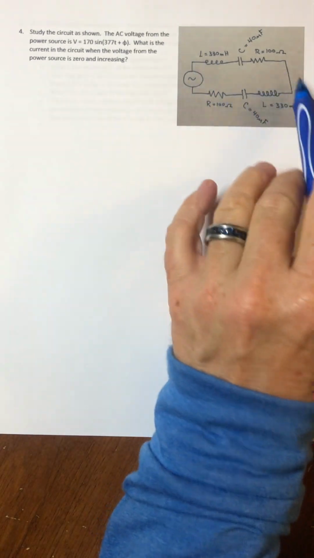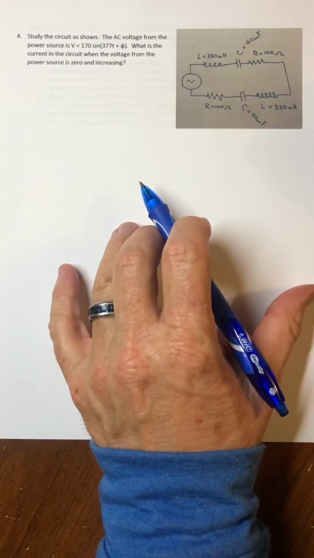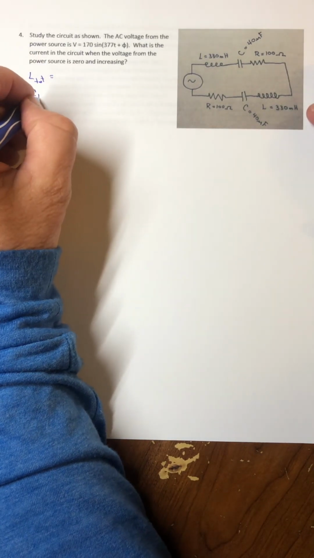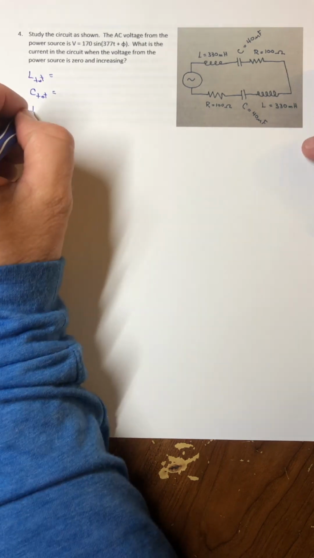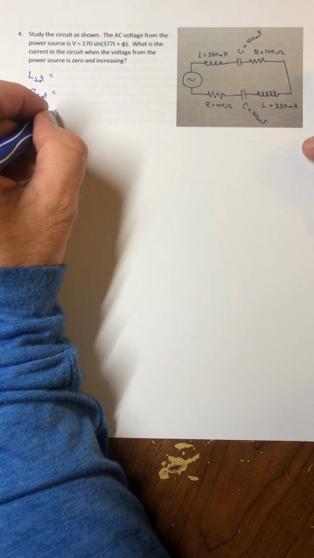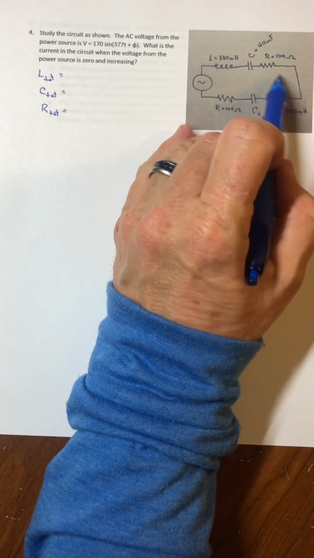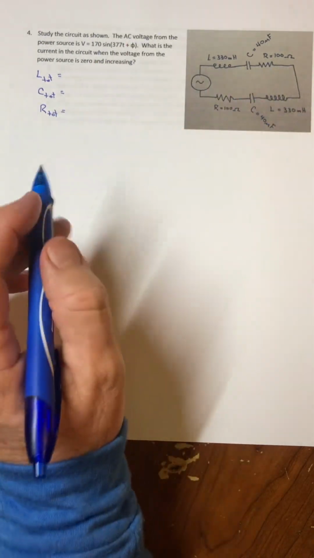Fortunately, they're all in series. So you might just think about the total inductance, the total capacitance, and the total resistance, because even though they're not right next to each other, they're still in series.